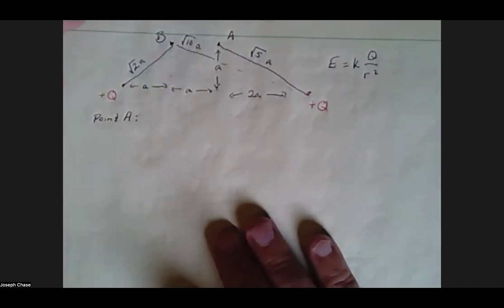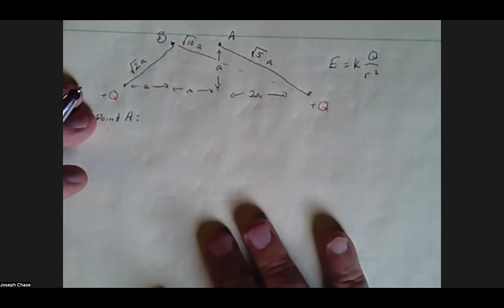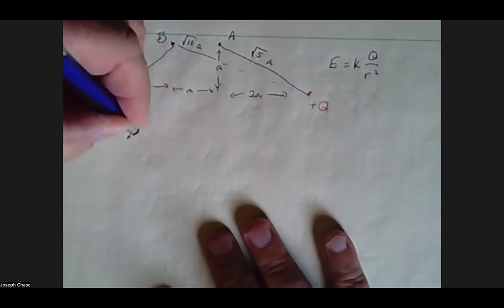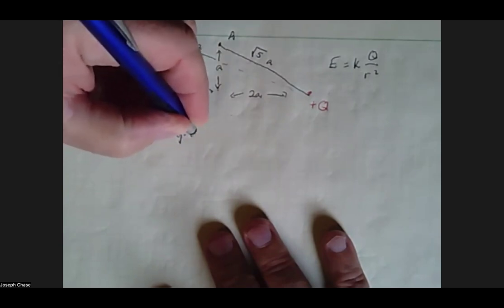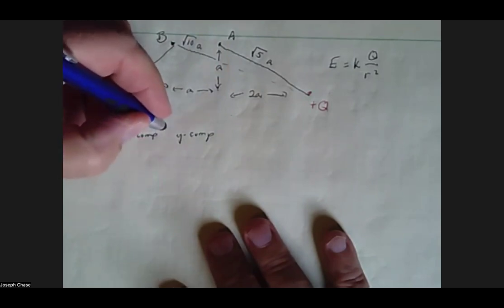Now, I really like to keep things organized. When we're doing our problem session, we're going to have a lot of stuff floating around, so let's try and keep all our logistics as composed as possible. I'm going to make one column for X components and one column for Y components, so we'll make a chart.